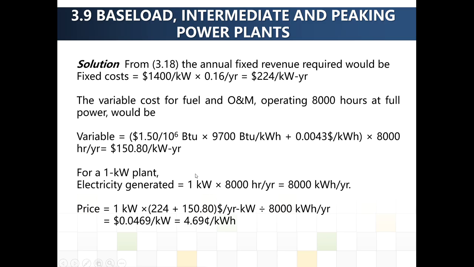So for a power plant with a capacity of 1 kilowatt operating 8,000 hours, we obtain 8,000 kilowatt hours, and the price will be the capacity of 1 kilowatt multiplied by the fixed cost plus the variable cost, and then divided by the total amount of energy generated.